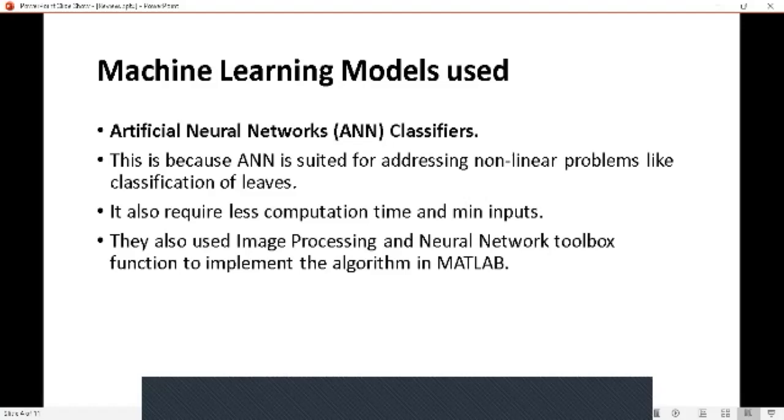It also takes less computation time, and that's the reason also it has been chosen. And the major toolbox that they used to implement this algorithm was MATLAB.